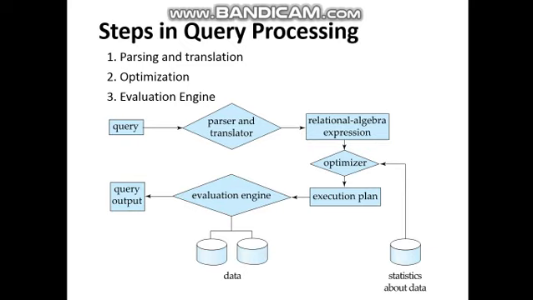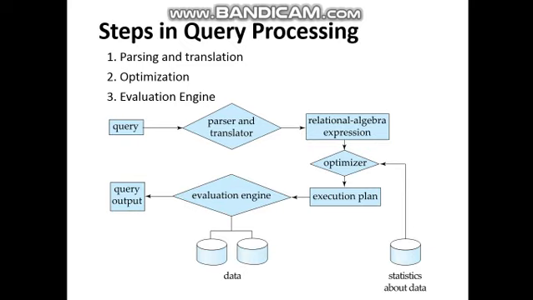Then there is a possibility of more than one solution for the same question or same requirement. It is based on the number of tuples, number of rows, number of columns which can be selected out of the tables.